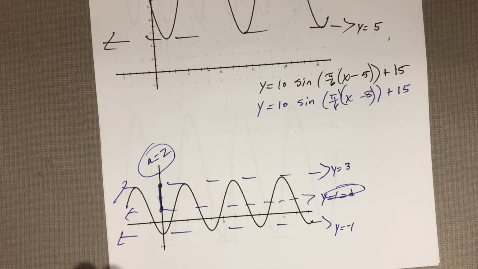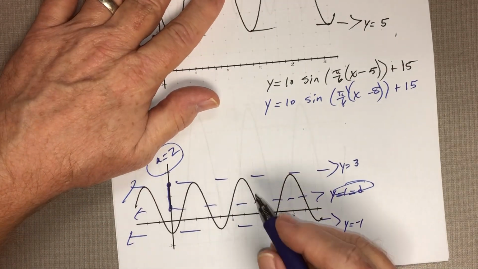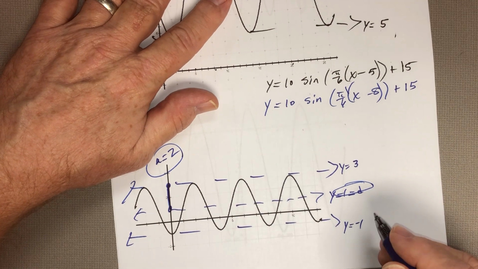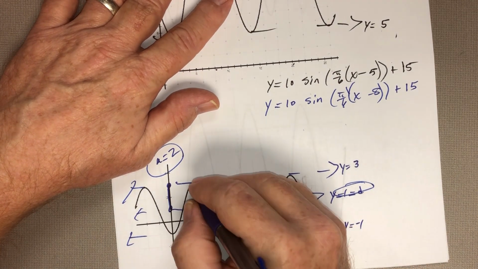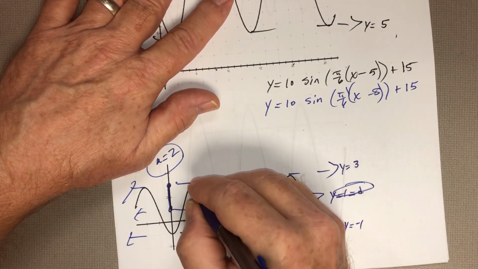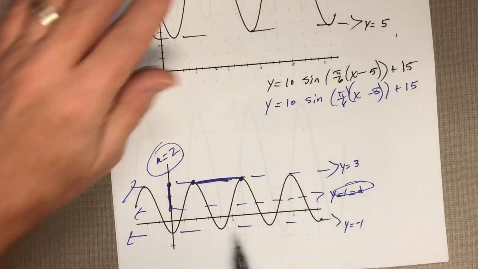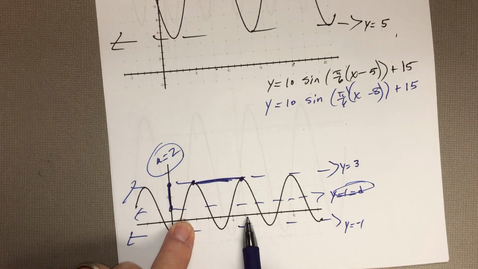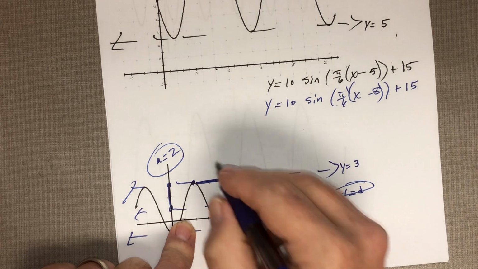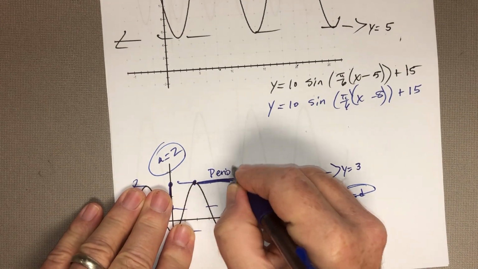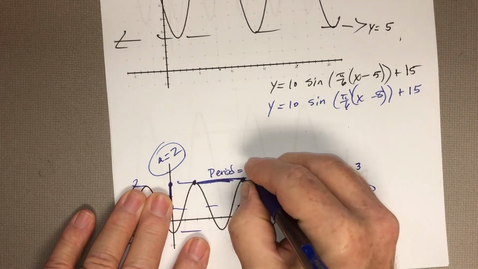In order to find B, I'm going to find my period. I'm going to find the period from the first maximum to the second maximum. This is 2, and that is 6, and 6 minus 2 is 4, so the period of this sinusoid is 4.